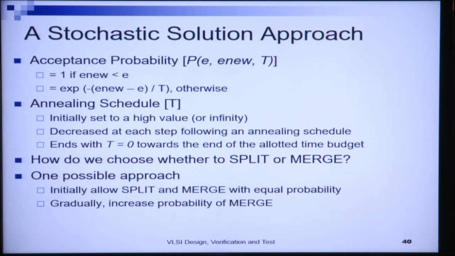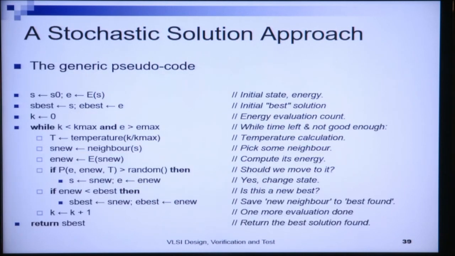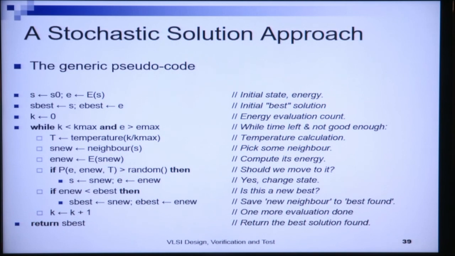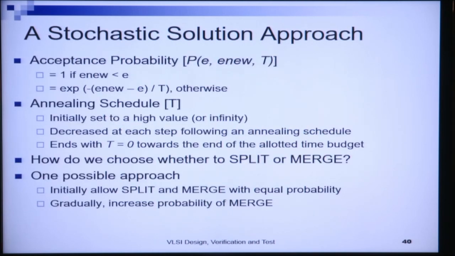When T is very high, e to the power this value becomes very low, so 1 by e to the power this value becomes comparatively higher. Then I have a higher chance of P(E, E new, T) becoming higher than the random value, and therefore I have a probability of accepting a worse solution if 1 by e to the power (E new minus E) by T is greater than the random value.